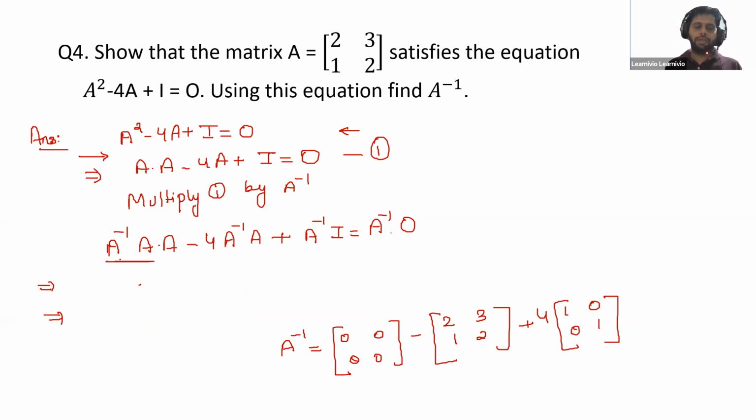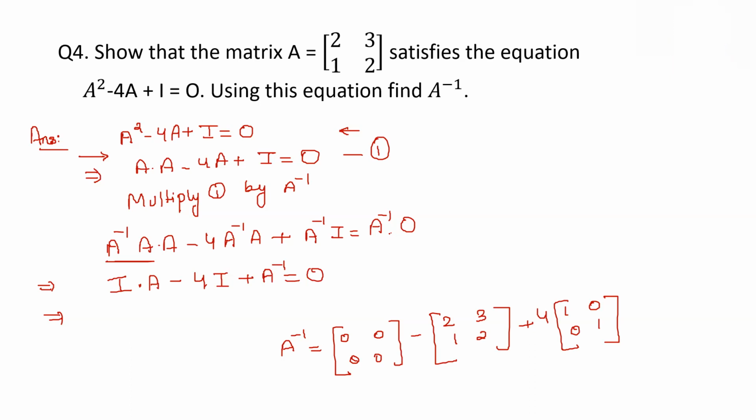Okay, so Abdur, A inverse into A will be what? Identity. Okay, then we have this A, then minus A inverse into A is again I. So 4 we have, then I plus A inverse into I is A inverse, and this is equal to null matrix. A inverse into null matrix is null matrix. Abdur, this is clear up to this step?